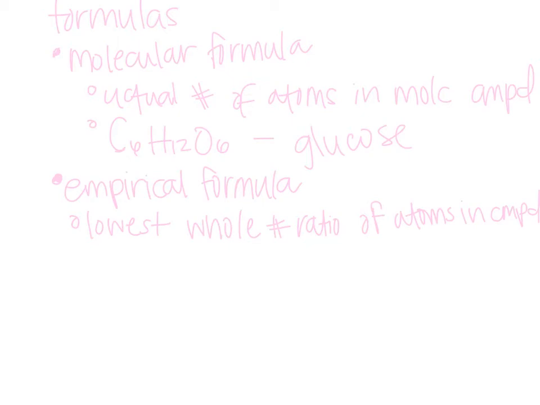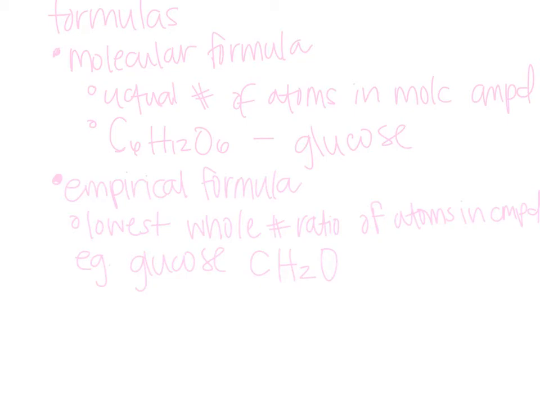Okay, so the lowest whole number ratio of atoms in a compound. So essentially, if we were to use glucose as an example again, if we did some math and found the lowest common denominator, and we reduced it all, we'd have CH2O. That's the empirical formula.